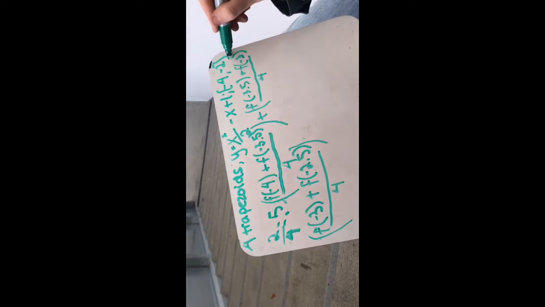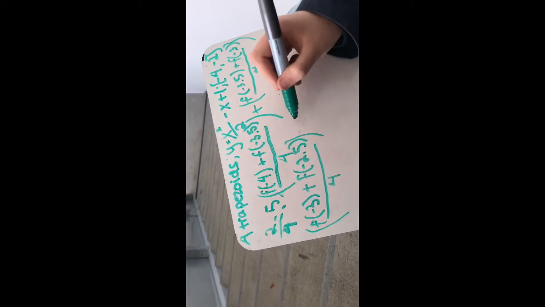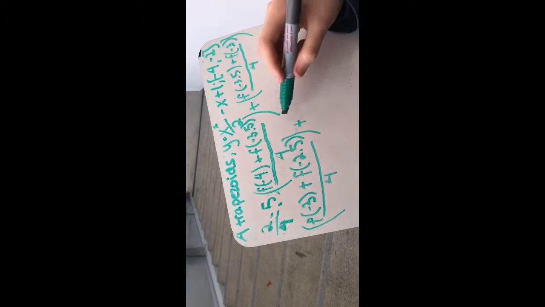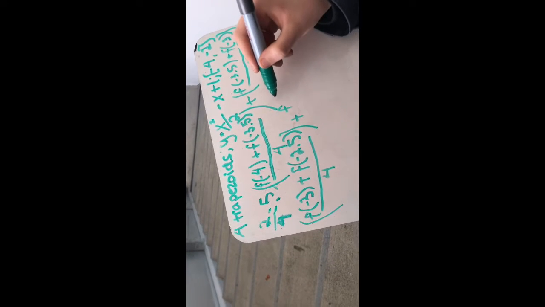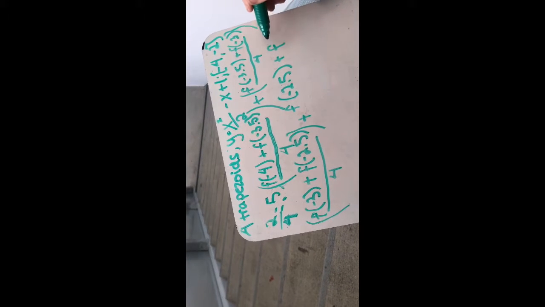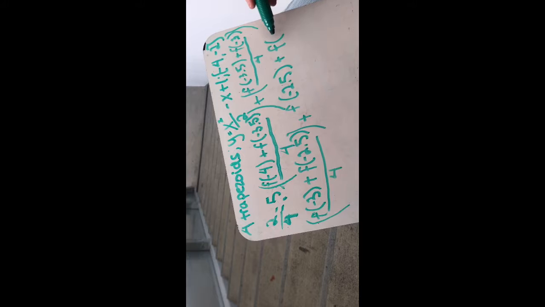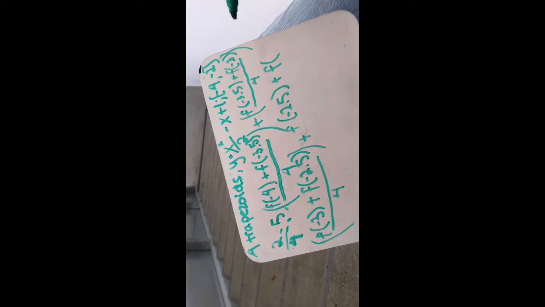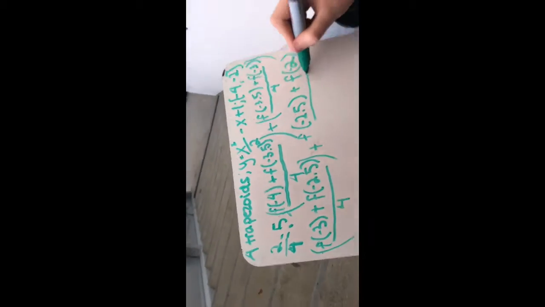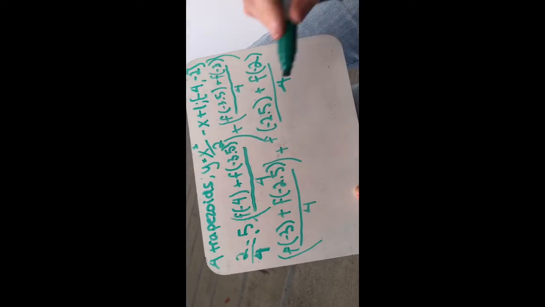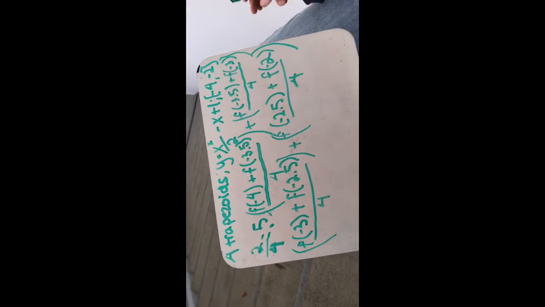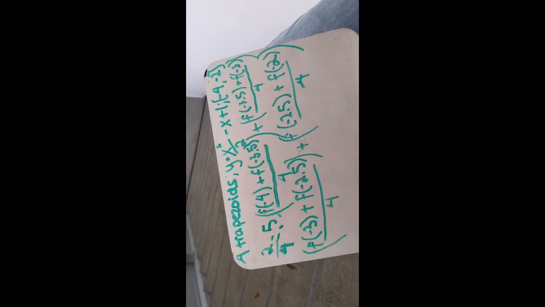And then that's 3 trapezoids. These are the areas of 3 trapezoids, and we're adding these areas together. Then f of -2.5 plus f of -2, and divide that by 4. So when we calculate it, we will calculate it in numbers.